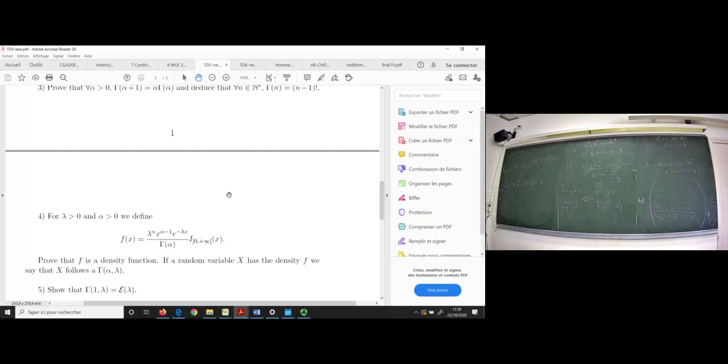Lambda equal to 1, so I don't have the first term. I have (sz) to the power A minus 1, exponential minus sz. I don't have to forget the indicator function, that sz is strictly positive, divided by gamma of A.